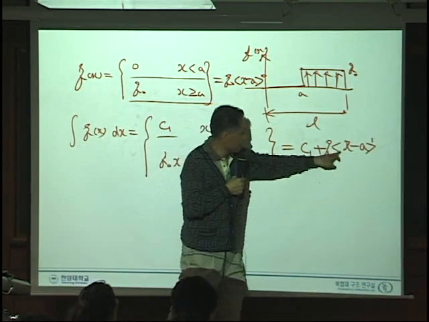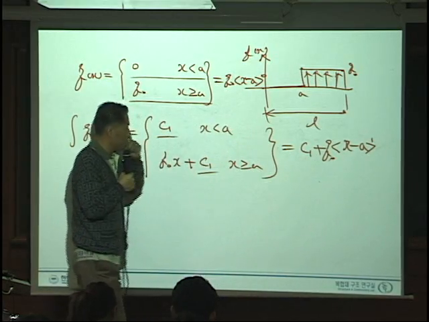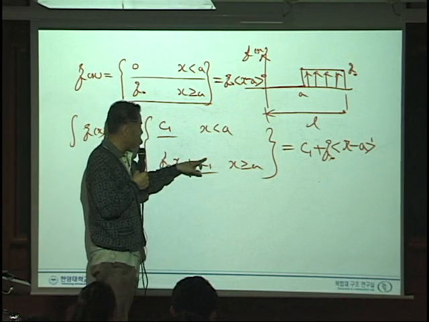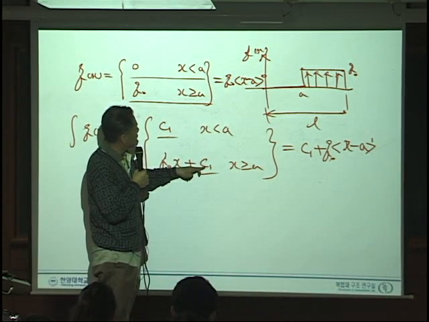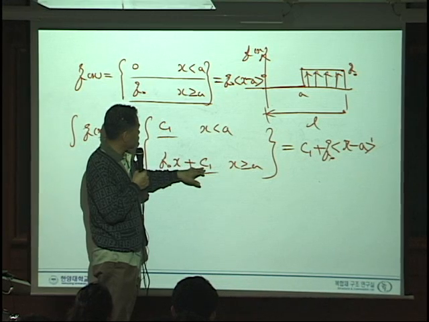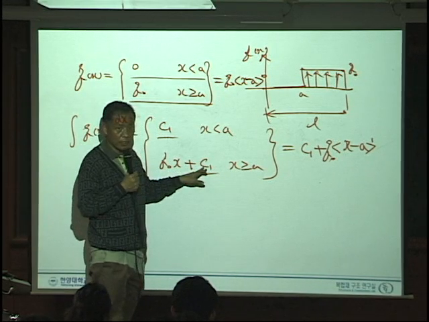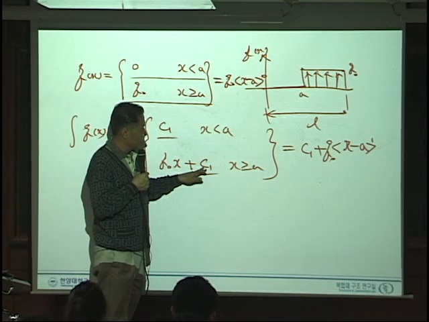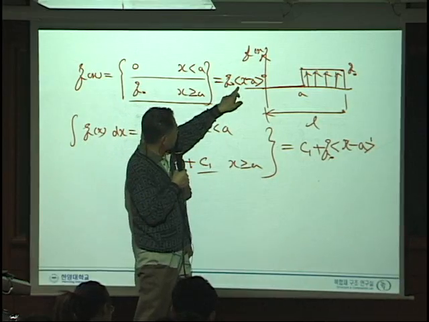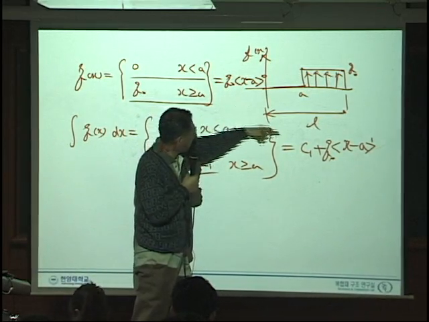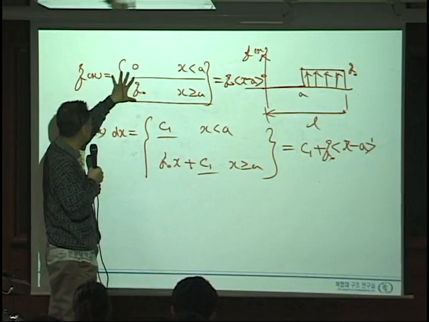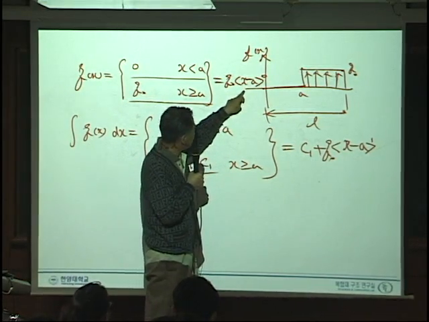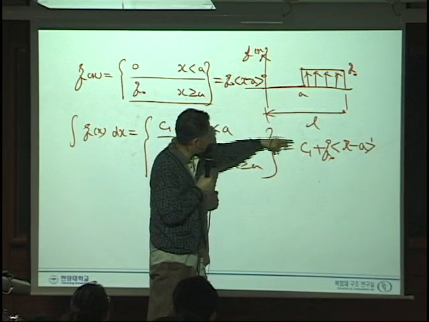There is a q(x), and there is the constant, and there is Q0 times (x minus a), and this will be C1. So it's a little different, but this C1 is an arbitrary constant. So we integrate this and come up with this one, then let's integrate from here to there.